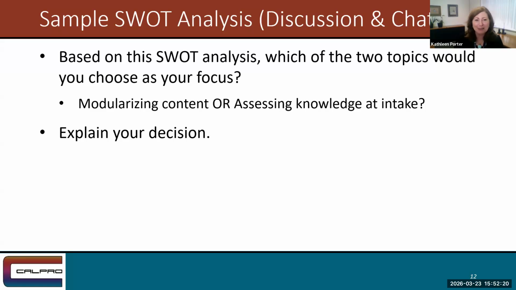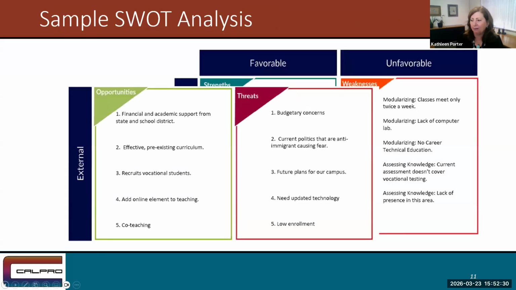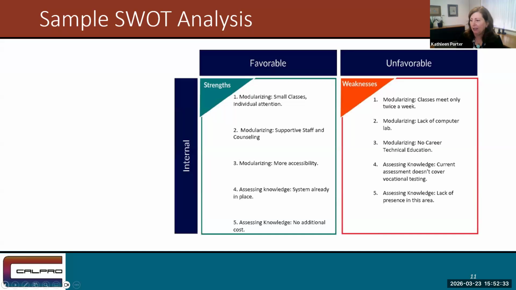You can say whichever thing, but maybe some of the factors for assessing knowledge at intake: we saw on the earlier slide that they already have co-teaching. They have a system to assess knowledge already in place, so it doesn't have any additional cost. So that might be a place to start and build on.